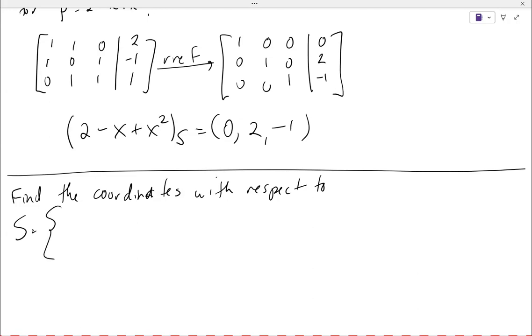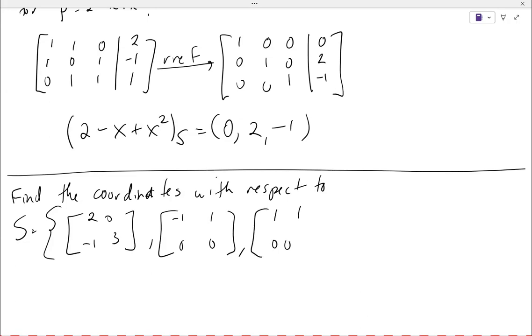Let's say we look at matrices here: 2, 0, negative 1, 3, negative 1, 1, 0, 0, 1, 1, 0, 0. Whoops. Sorry. Do it this way, it's fine.